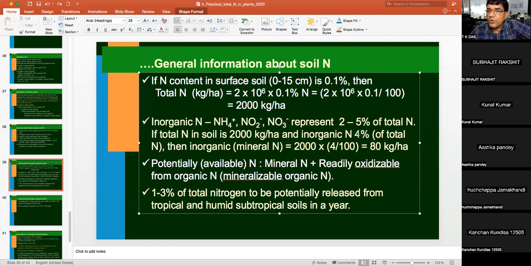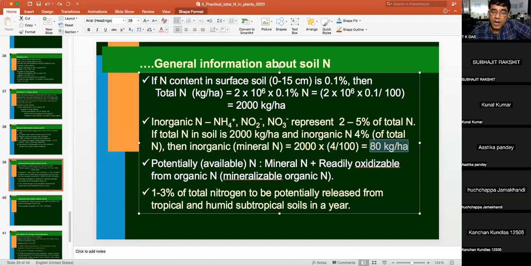Here it is not 2% because the range may be from 2 to 4%. So if 4% of the total nitrogen is your inorganic nitrogen, then inorganic or mineral nitrogen is equal to 2000 into 4 divided by 100. Then you get 80 kg per hectare of ammonium plus nitrate nitrogen.